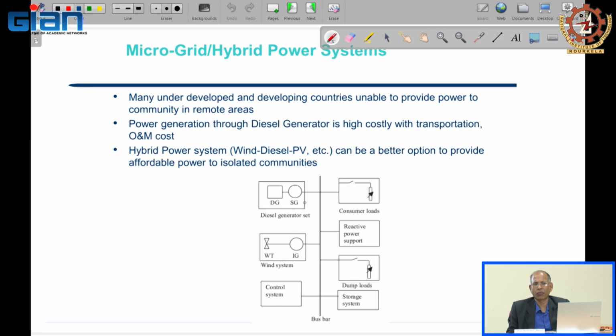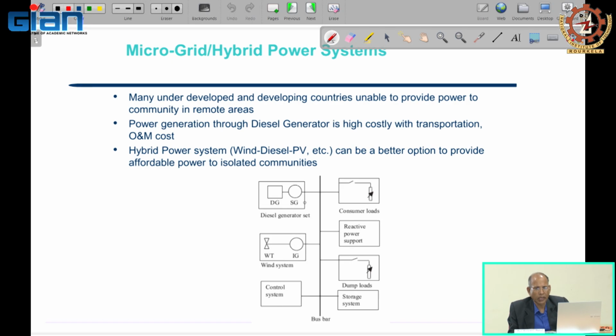But if you can find some useful means to utilize the power, like space heating or some other application, that will be great, rather than just wasting the electricity in heaters that you do not use. But the end objective is that you match. Then of course if there is a shortage, you will have some kind of storage system.